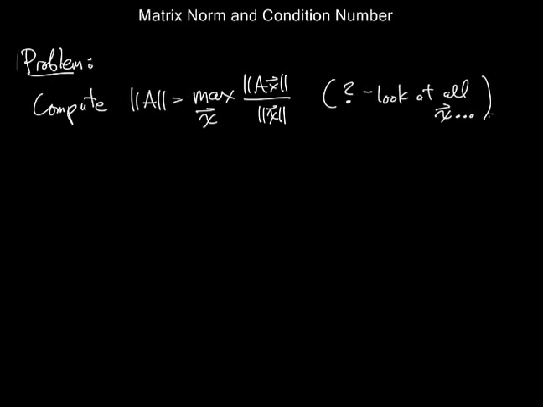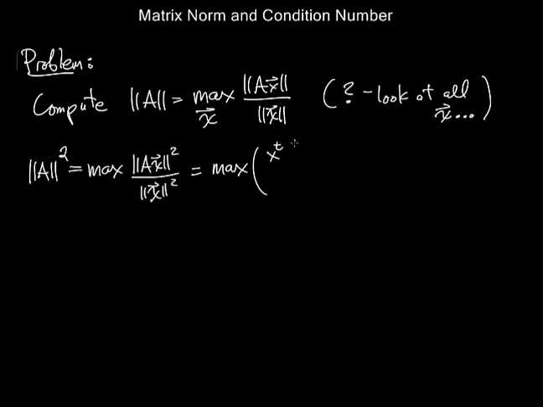But in fact, it's not so bad. You just make the following simple observation. If you square the norm of A, what do you get? You get the max over all x of the norm of Ax squared over the norm of x squared. That is to say, it's the max over all x of x transpose A transpose A x over x transpose x.